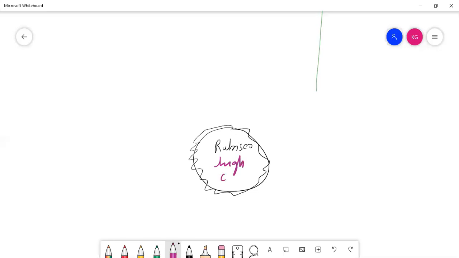Now what will happen? Will this Rubisco function as oxygenase or carboxylase? Carboxylase. In the compartment.